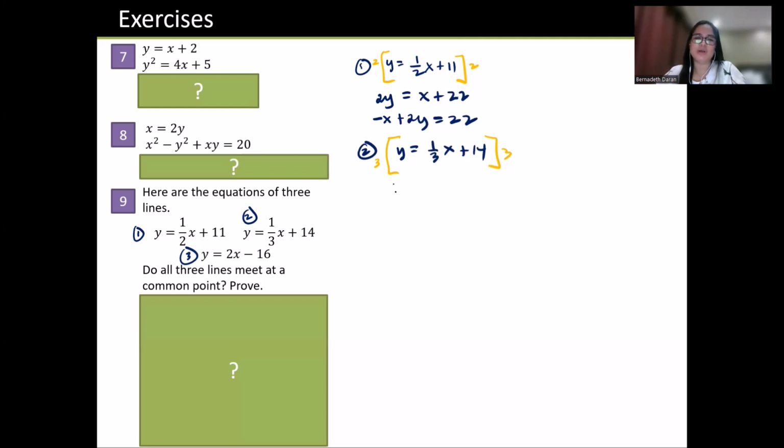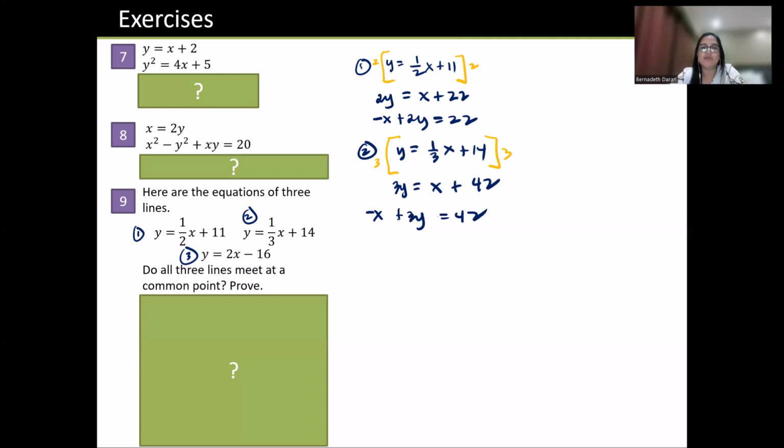So 3 times y is 3y, 1/3 x multiplied by 3 is x, and 14 times 3 is what? 42. And then we arrange our variables. So this is negative 3x plus 3y is equal to 42. So that's now our equations 1 and 2.